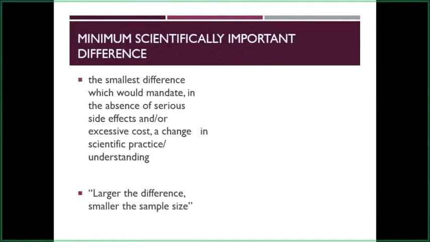Different disease areas may have in the literature an understanding of what this is for certain types of outcomes. But again, it's not necessarily a given. It may be something that you and your collaborating experts have to really put some thought into to decide what is the smallest difference that would change practice.